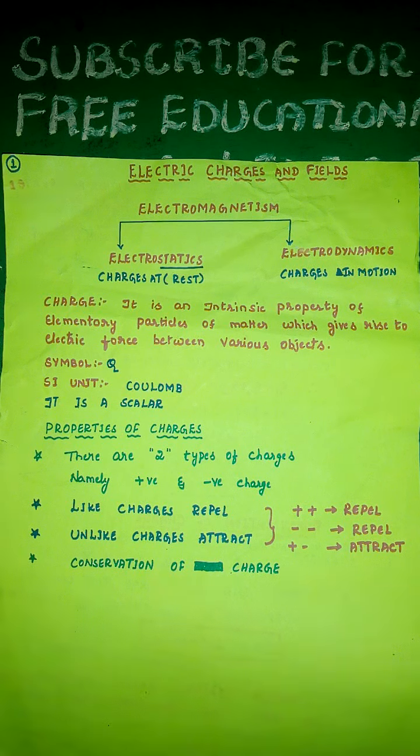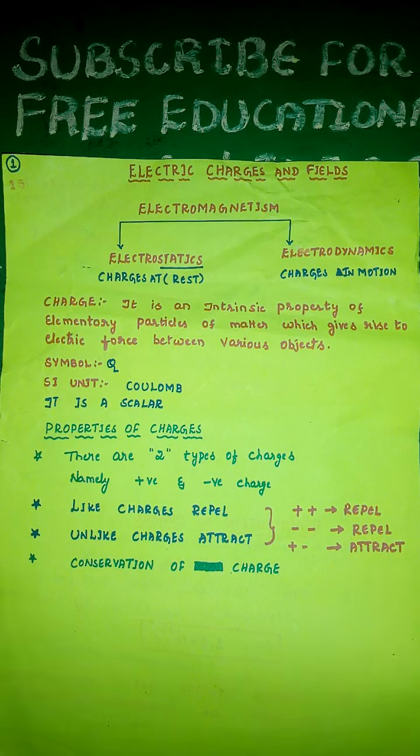So what do you mean by charge? Very simple. It is an intrinsic property of elementary particles of matter which gives rise to electric force between various objects. So charge is basic to get various forces.